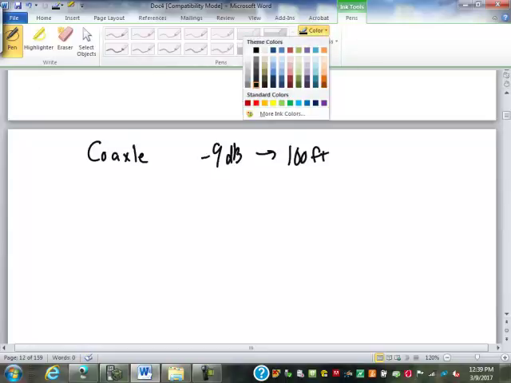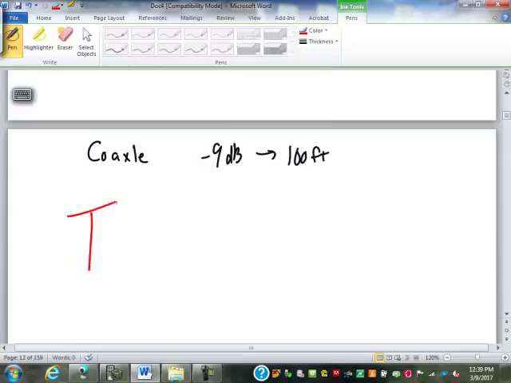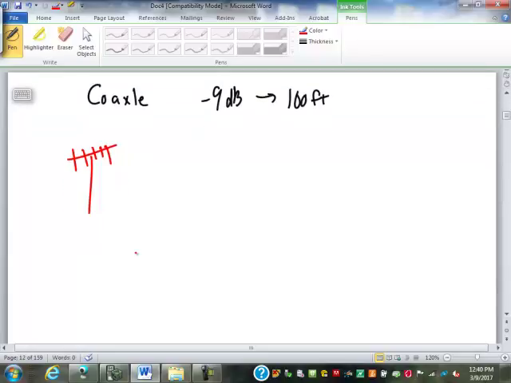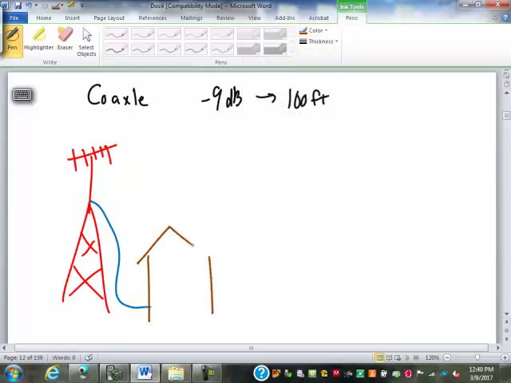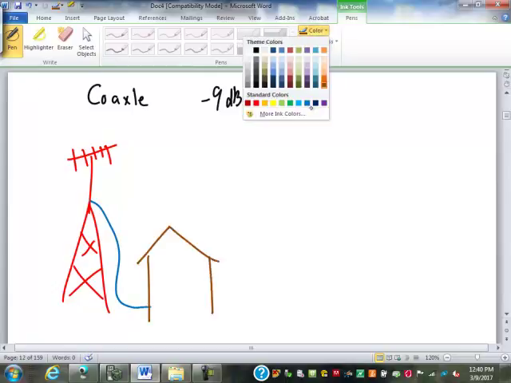So let's say we have an antenna. Pretend that looks like an antenna. And we're going to run from that antenna on the top of a tower, we're going to run our cable down to a receiving station.